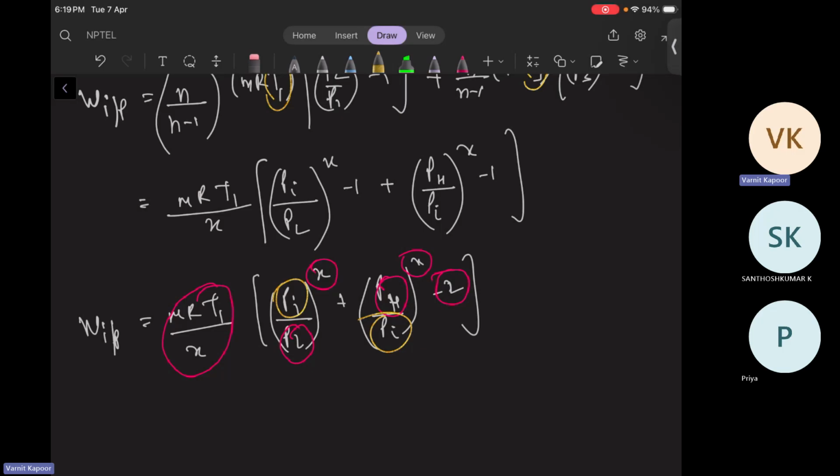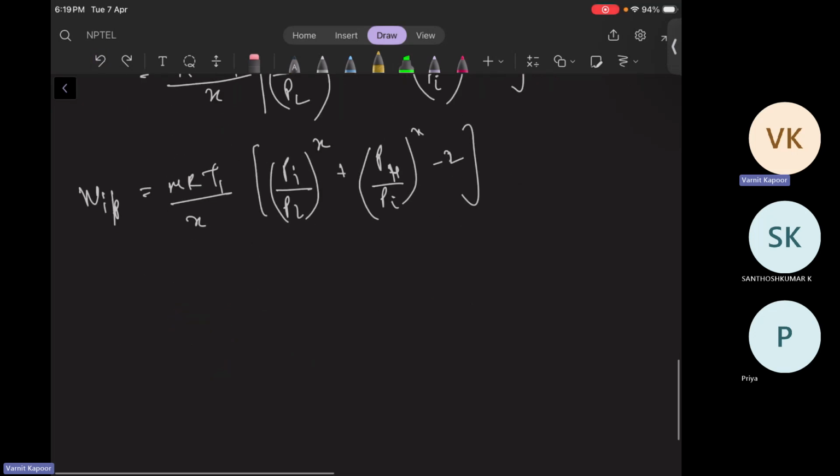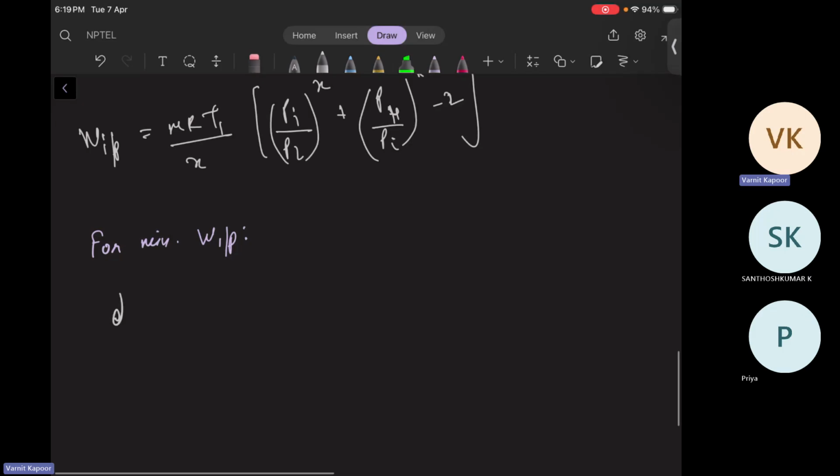So you can differentiate for a minima this work input with respect to Pi. For minimum work input, dW by dPi is nothing but, if you differentiate it, you will get your expression to be 0.